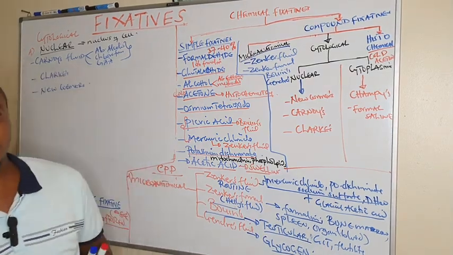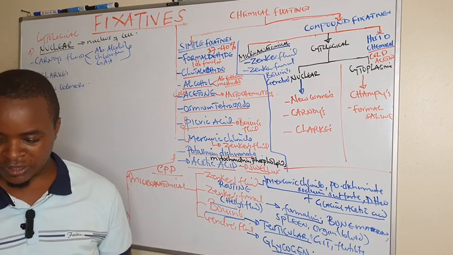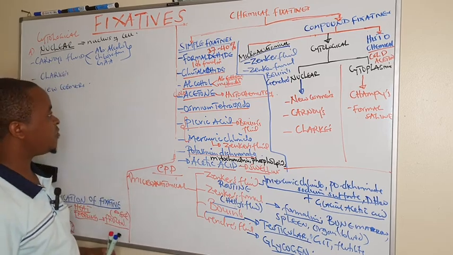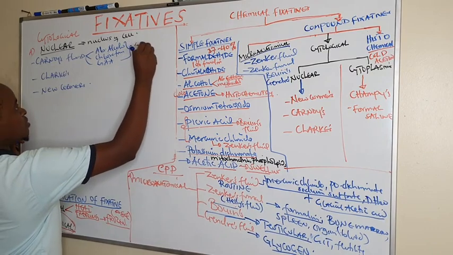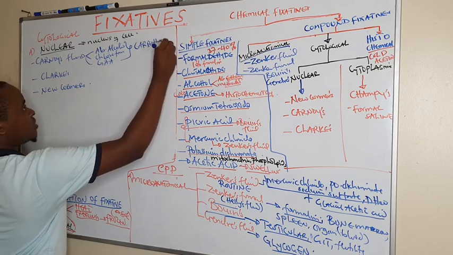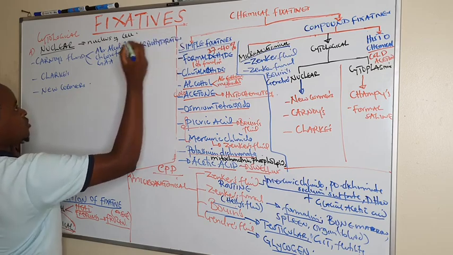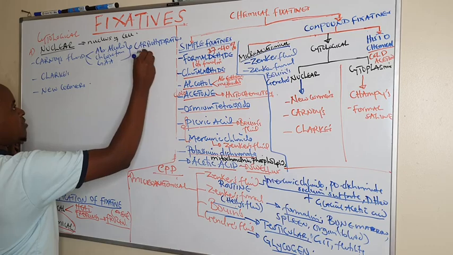And apart from preserving the nucleus of cells, this canoid fluid is a good fixative for carbohydrates. So if you want to preserve carbohydrates and you work in histochemistry, you use canoid fluid for carbohydrate and glycogen.